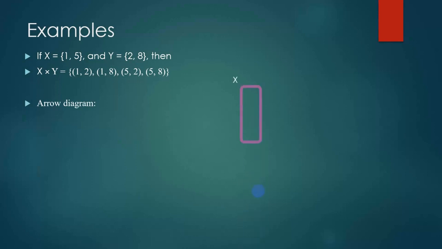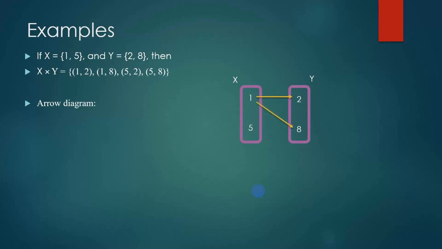Here is the set x, and here is the set y, and as we said before, each ordered pair will be represented with an arrow oriented from the first projection to the second projection. So this arrow represents the first ordered pair in the set, whose first projection is 1 and second projection is 2.